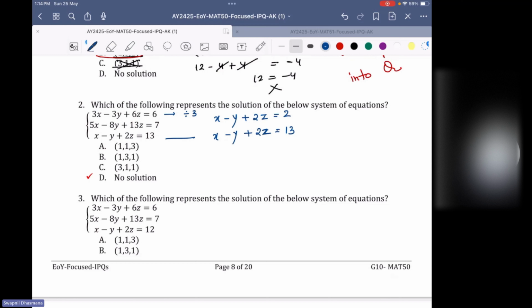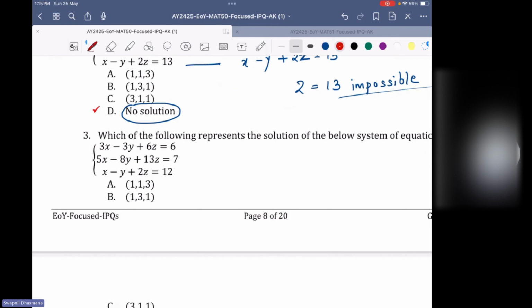Now that is not possible, two equations. So whenever two equations are the same, you would say no solution. Because if you solve them, you will get 2 equals 13. Because this side is equal. So that means 2 equals 13. And that is impossible. So you would say no solution.